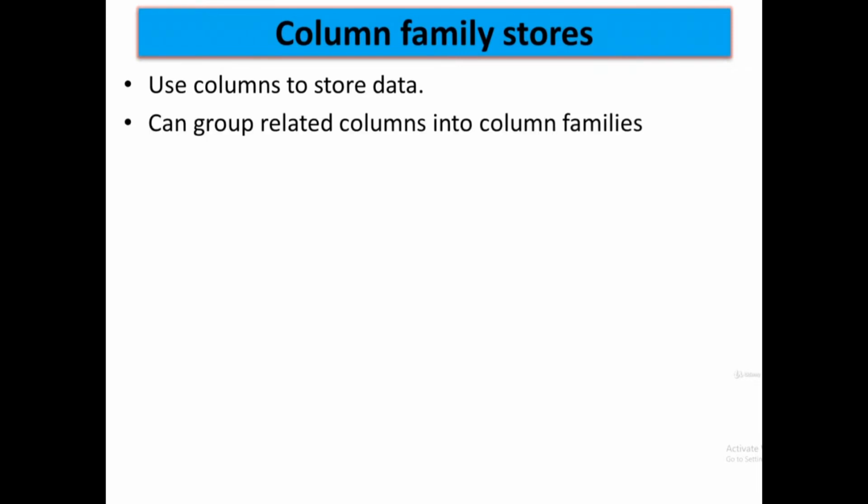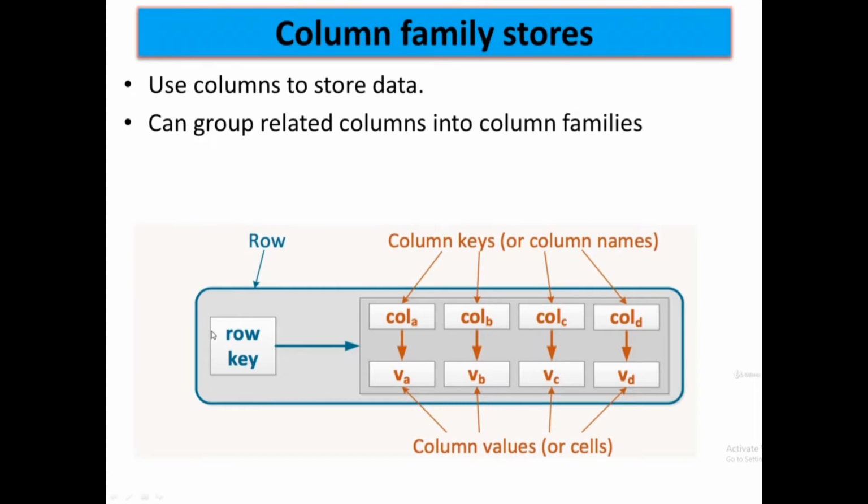Next type of NoSQL database is the column family store. So column family databases store data in column families as rows. These rows have many columns associated with a particular row. Column families basically contain groups of correlated data which can be accessed together. Here is what an individual row within a column family looks like.